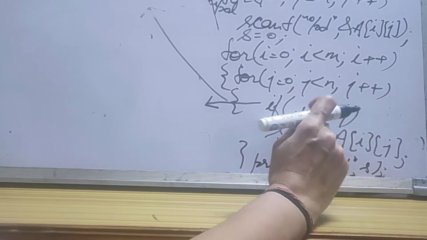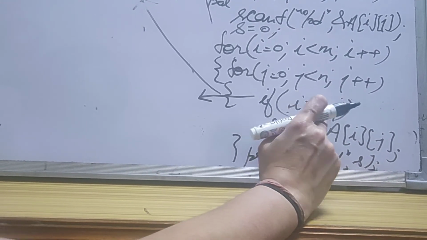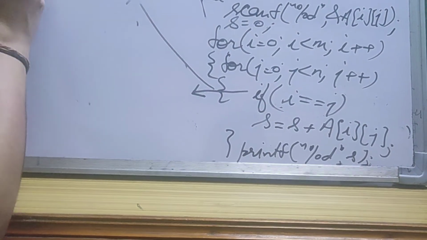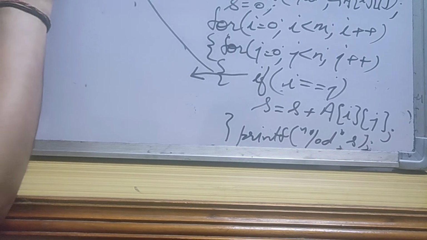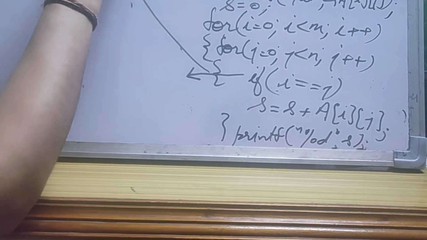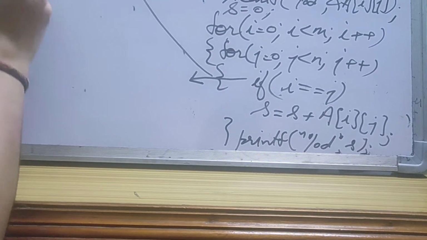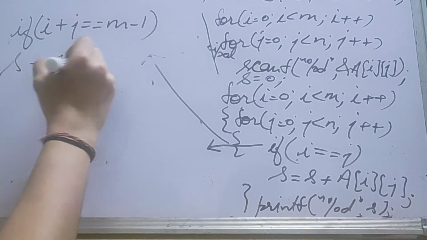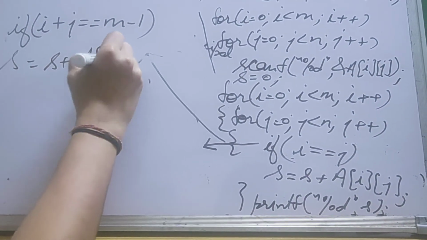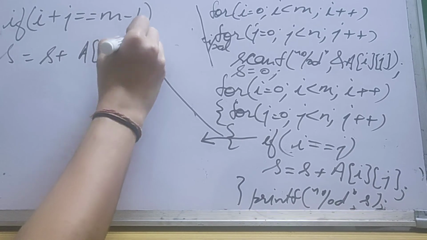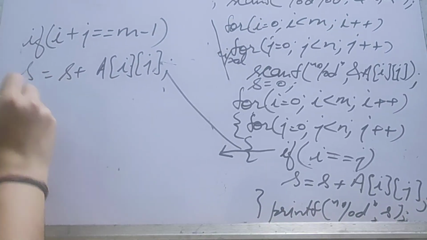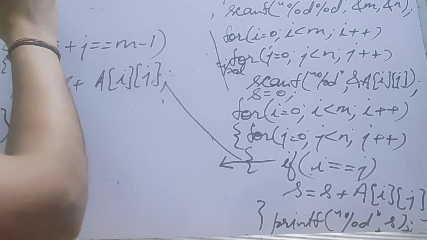For non-principal, we will change the condition. Just i plus j equals to what we will write? If i plus j equals to m minus 1, then S equals to S plus Aij. And what to print out of the loop?